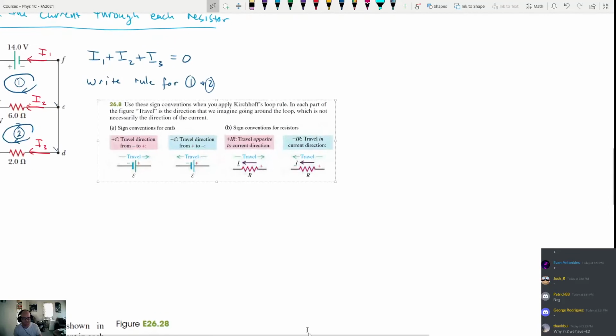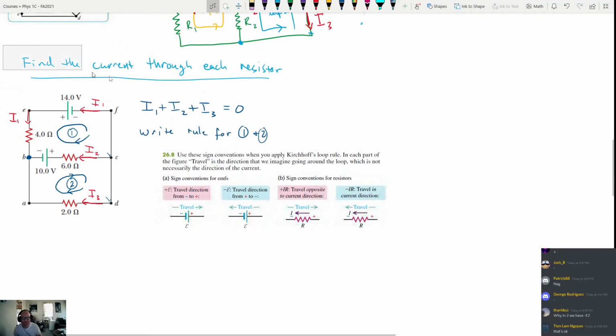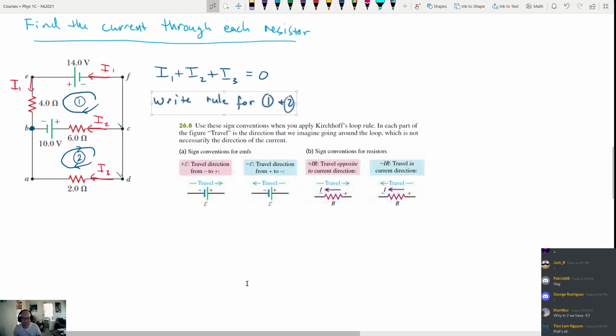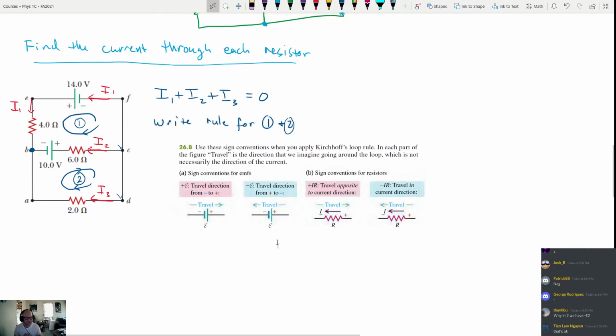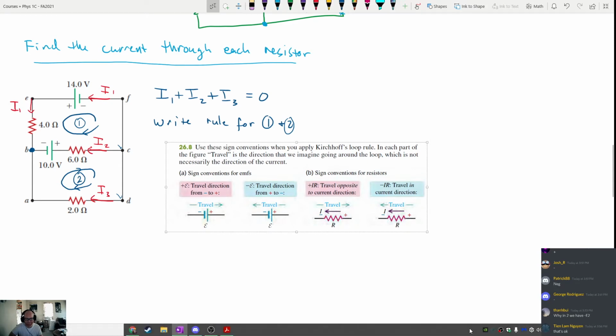I think I want you to just look at the picture here and focus on this. So we're not actually going to do this part. All I want you to do is to write down the loop rule for loop 1 and loop 2. Do you all feel like you can do that? Give it a shot. Let's see how everyone's doing after 3 minutes.